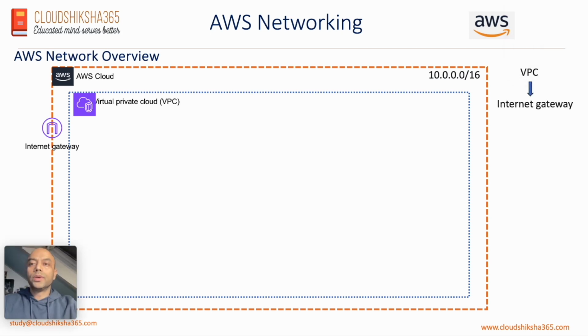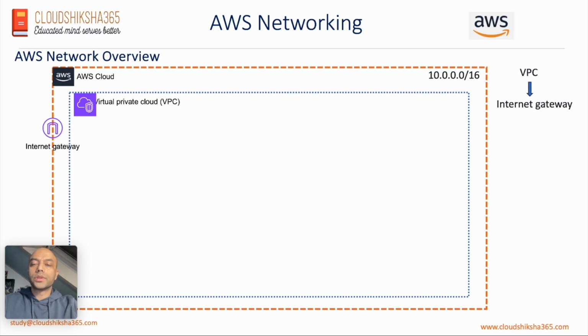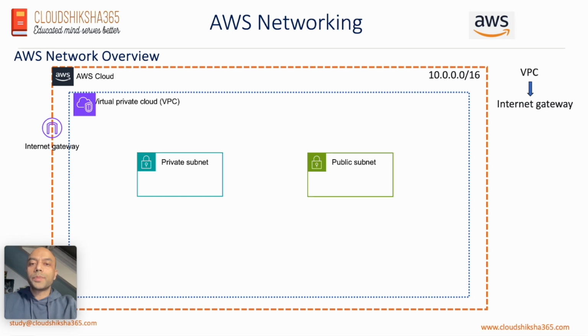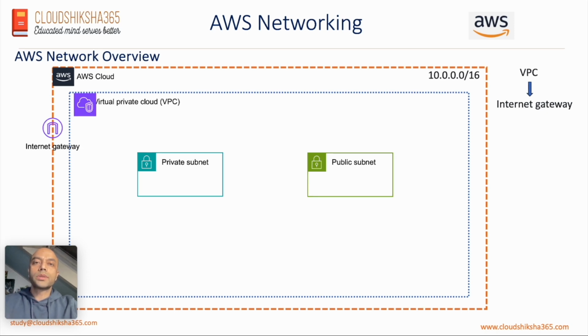Next is the subnet. You can have either a private subnet or a public subnet as per your requirement. Let's say if you want to have your assets limited within the VPC with no access to the outside world, you can opt for a private subnet. Otherwise you can have a public subnet to have access to the internet.